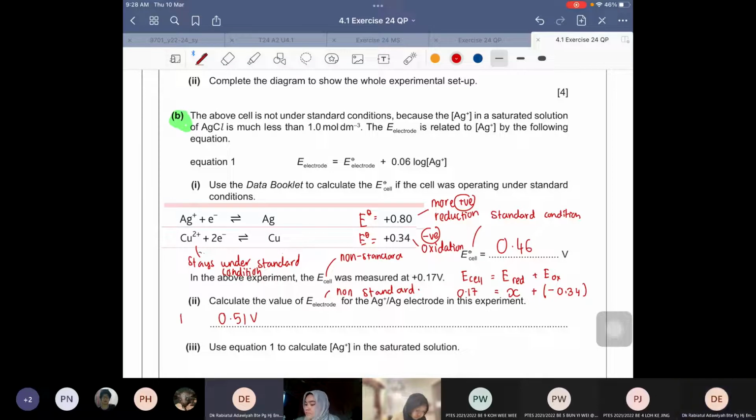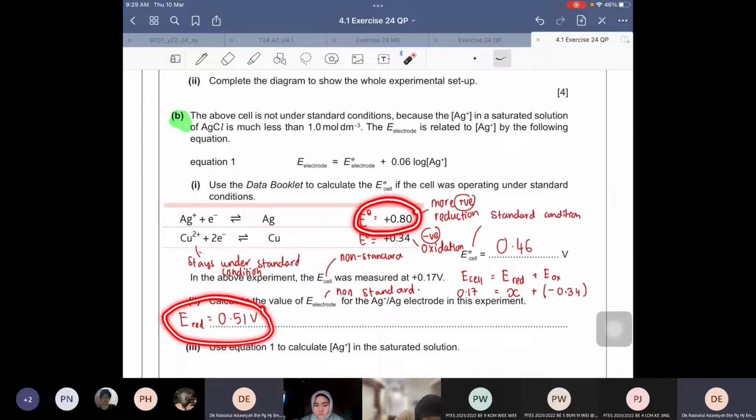So my E of reduction is 0.51 volts. Compare the value of my electrode potential under standard condition for silver, which is 0.8, and under non-standard condition it's 0.51. That means it has now become more negative.